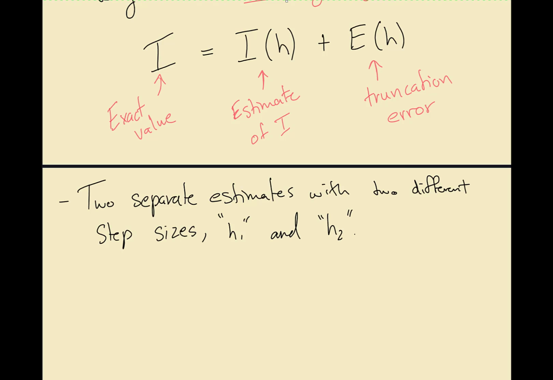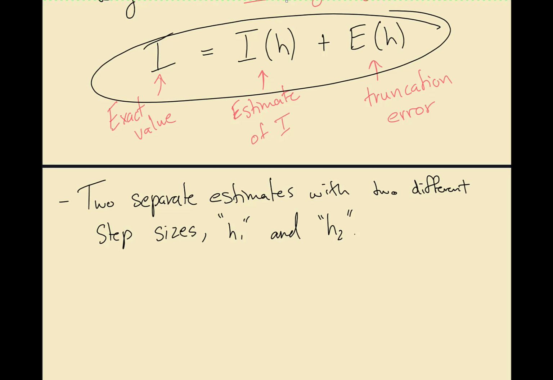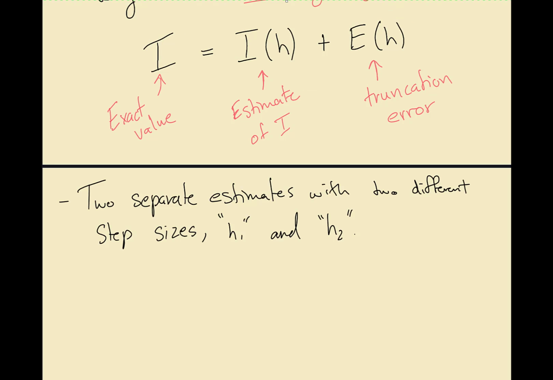All right, so looking at this equation up here, the only repeated value between h1 and h2 would be I. So what we're going to write here is I, the true exact value for the integral, is equal to I, and then on the left side and the right side, we're going to write two equations, one for h1 and one for h2.